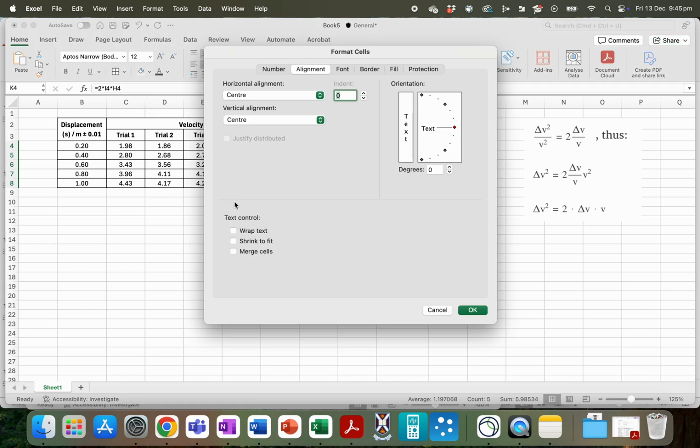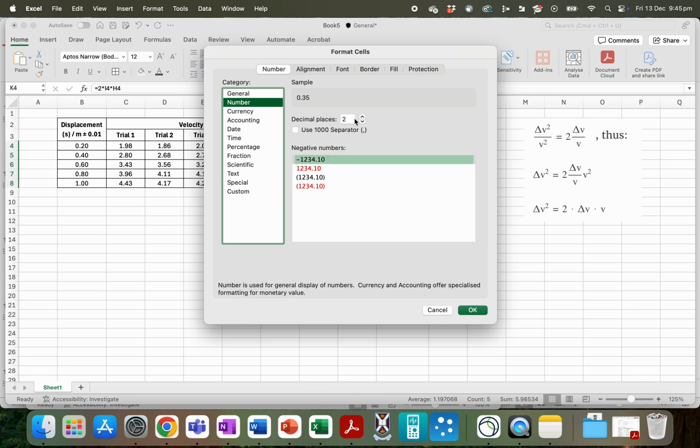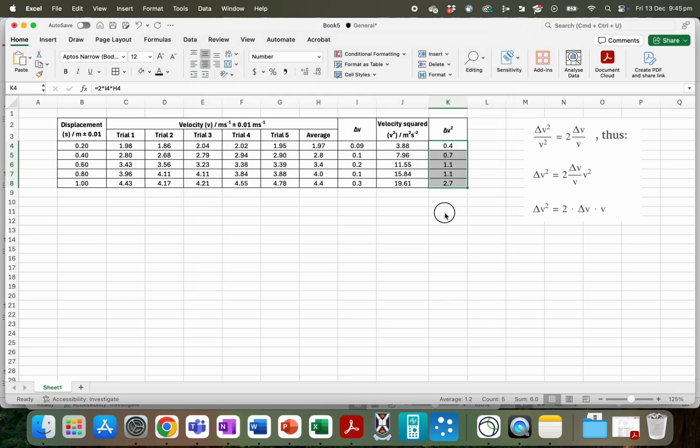So format cells, number, 1 decimal place. Yeah, so you can see, strictly speaking, you should probably have this as just 1 and 1 and 3. But given you've got some data that's before 1 and some that then flicks over to being after 1, they're okay with you keeping it to the 1 decimal place.